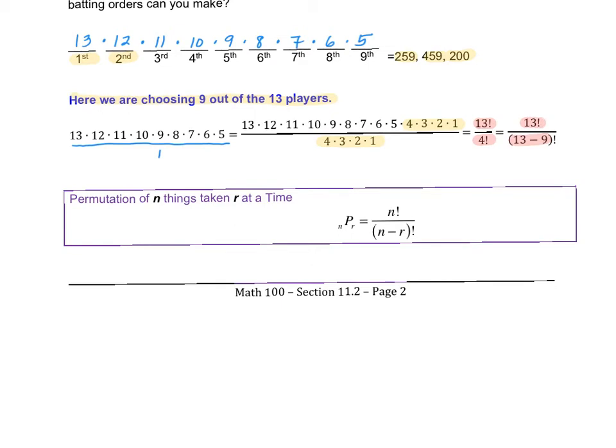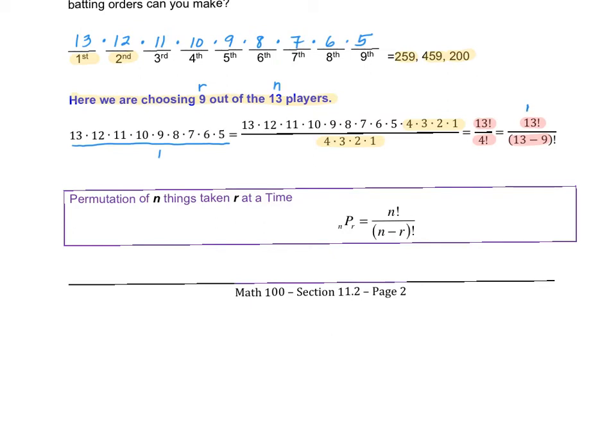We're going to let the total number of items in our group be n. In our case, n is 13. The number that we're choosing is going to be r in the formula. So we're choosing 9, so r is 9.